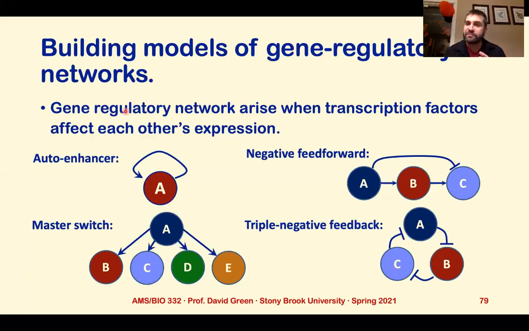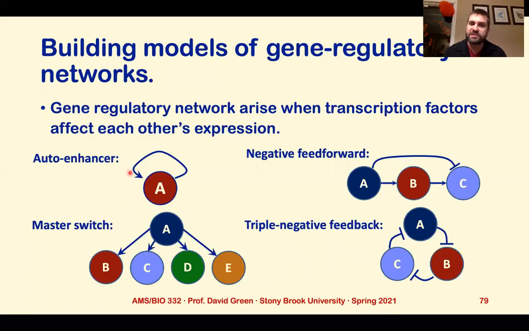When transcription factors affect each other's expressions, we end up with gene regulatory networks of transcription factors that are all interconnected in some way. And there's all sorts of different ways that this can happen.